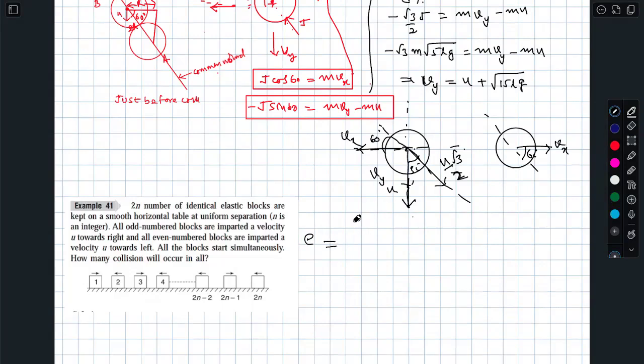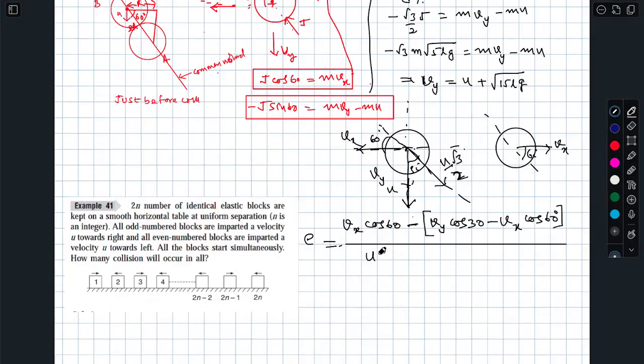E is equal to Vx cos 60 minus Vy cos 30 minus Vx cos 60, by U root 3 by 2, U cos 30.